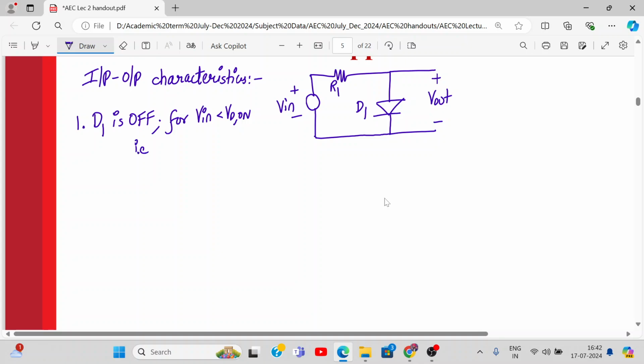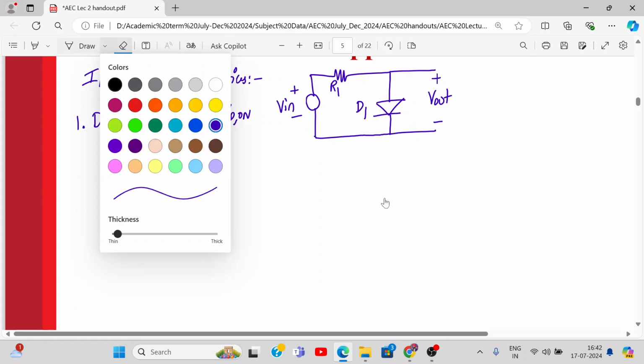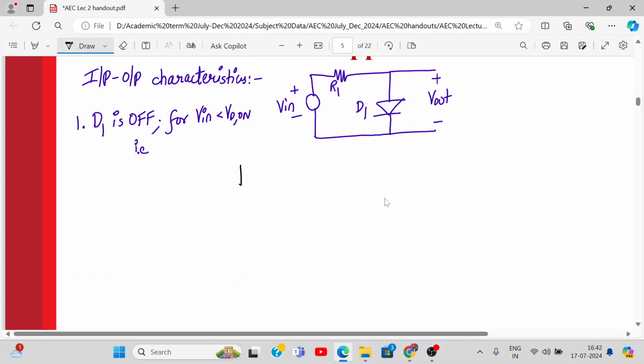And in this case, if I draw the circuit diagram when it is off, it will be like this. Let me draw it quickly again. I've done it before, but it will be practice. When the diode is off, now tell me what will be V out.